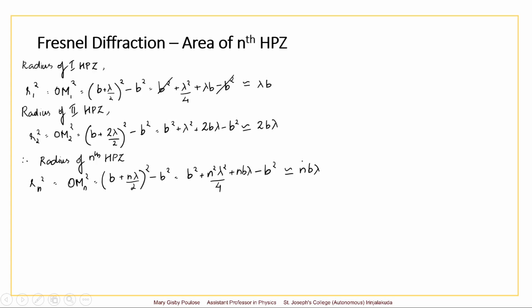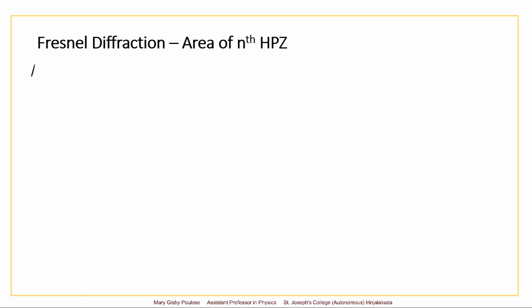Now let us calculate the area of the half period zones. Area of the first half period zone, that is A1, is equal to, since it is a circle, I can write pi r1 square. That is equal to pi OM1 square. It is pi into lambda b.